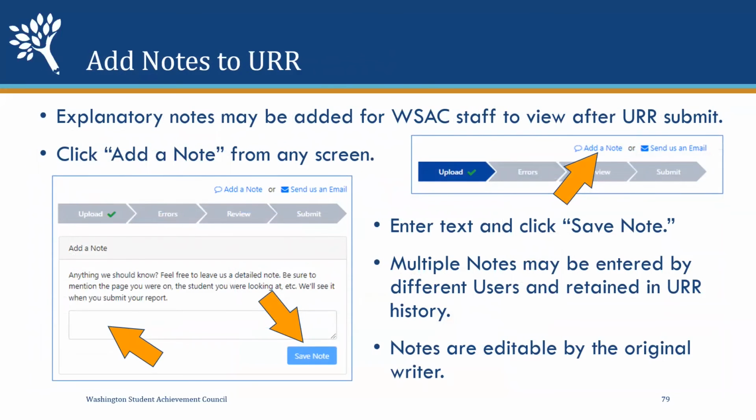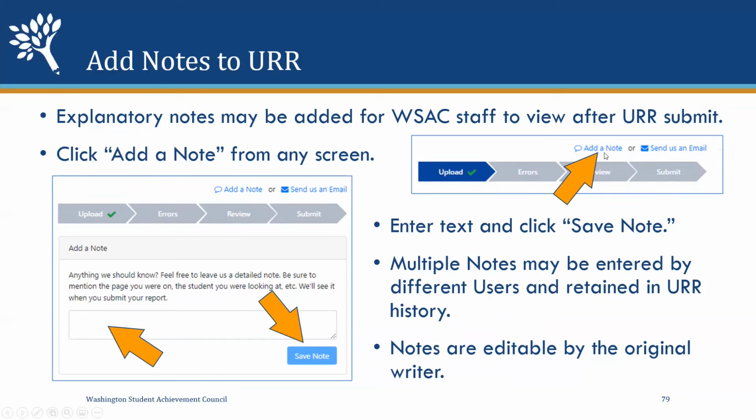You're now able to add explanatory notes for WSAC staff to review after you've submitted your unit record. You can add a note at any time during this process, whether you're in the error screen, the review screen, or the submit screen.